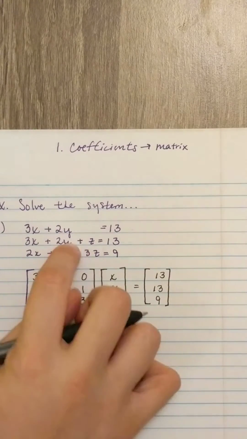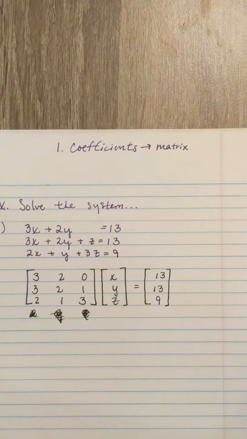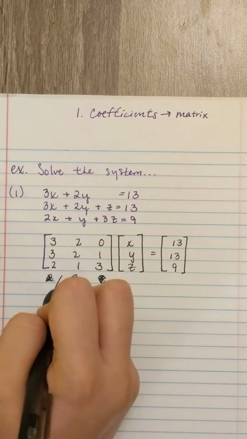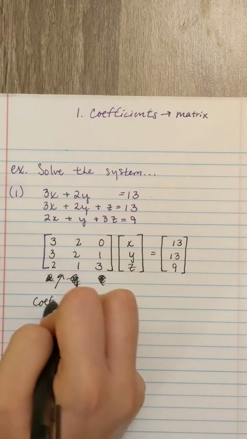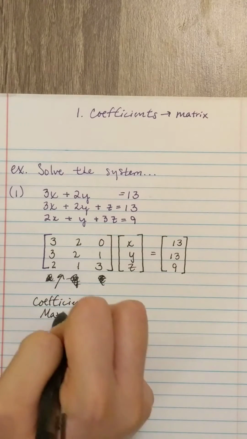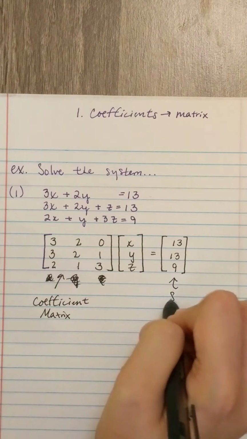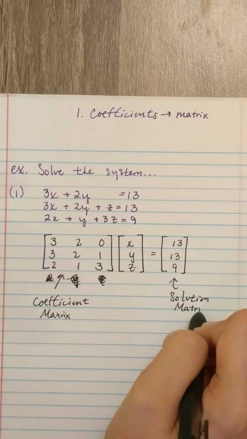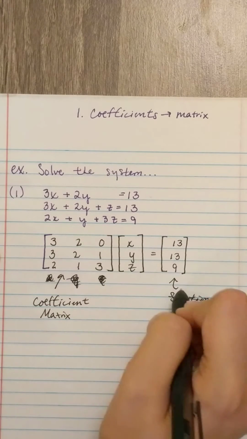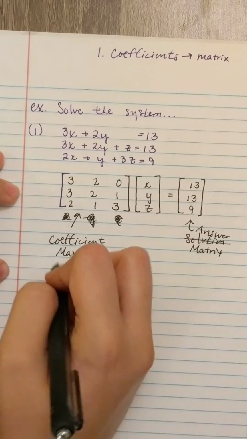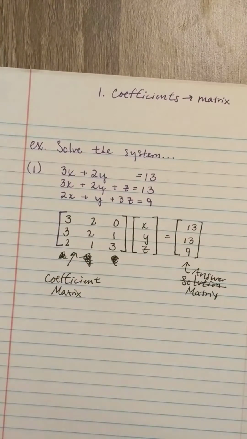So this is another way of writing this system. Sometimes it's called the answer matrix, kind of whatever.